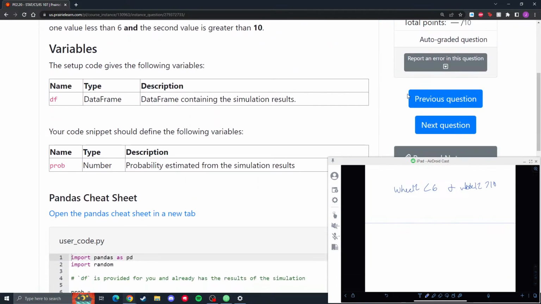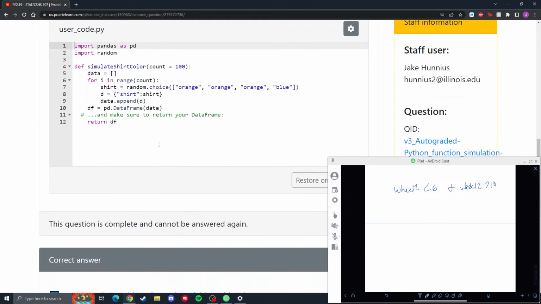Oh, yeah, so 2 ways. You can return df equal to pd.DataFrame. You can save the data frame and then return it. Or, since you don't have to do anything to the data frame, you can just return this part of the code right here.